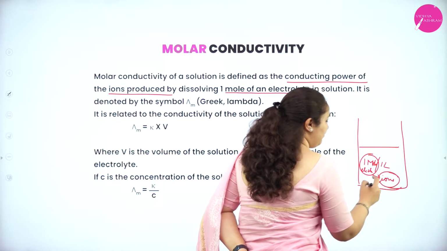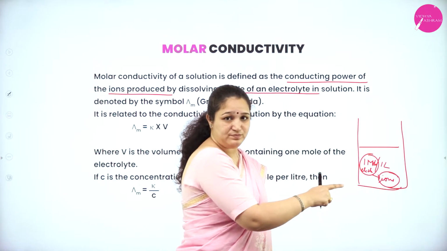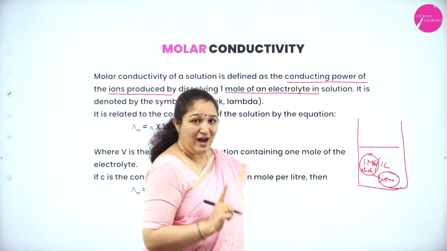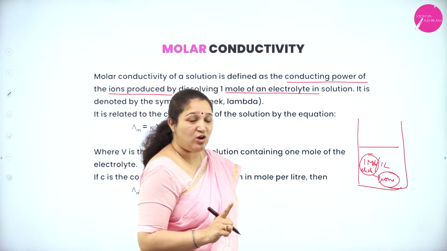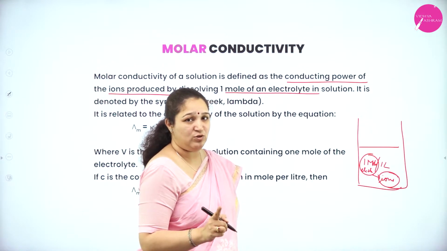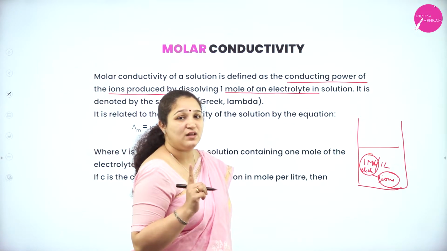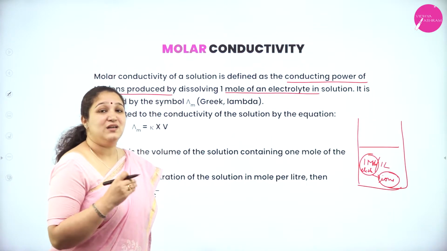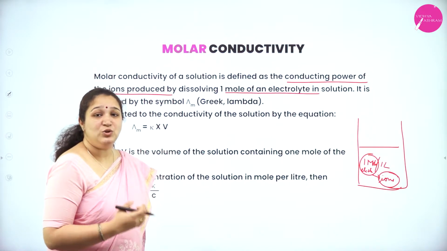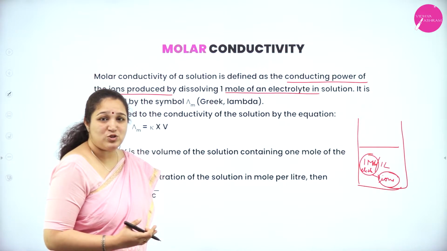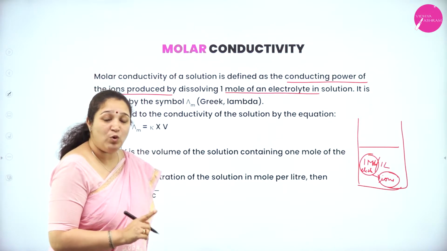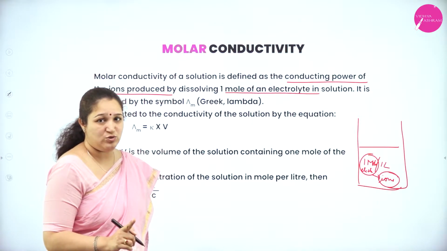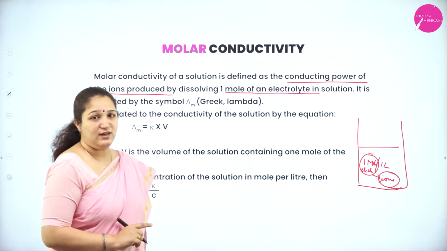So, the conducting power of these ions produced by dissolving 1 mole of electrolyte is called molar conductivity, or the conductance due to the ions produced by dissolving 1 mole of the electrolyte in the solution is called molar conductivity.